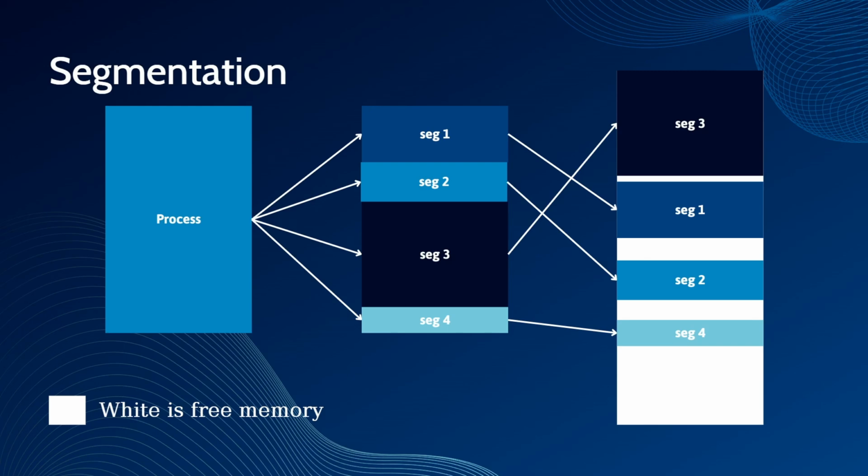Segmentation process. Allocation. Memory is allocated to segments based on their size and the program's requirements. Segments are stored in non-contiguous blocks of physical memory. Address translation. The segment table is used to convert logical segment addresses into physical addresses in RAM.